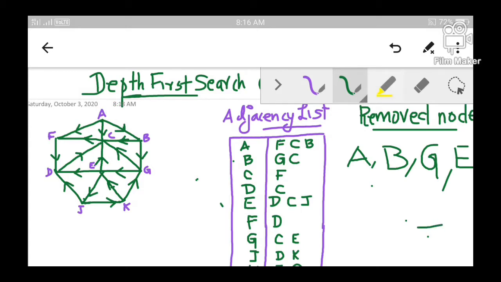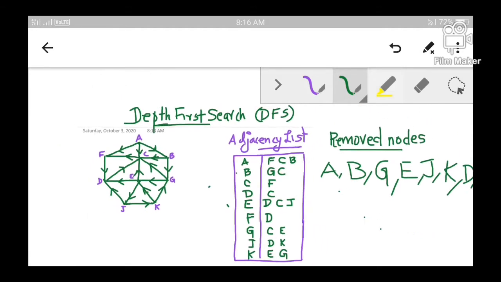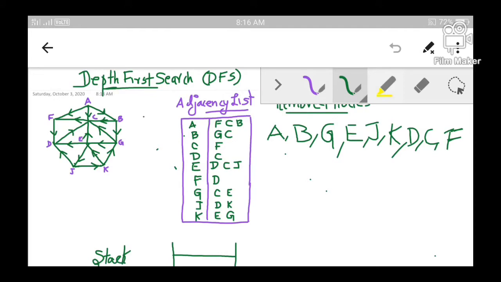Then you will go from A to B. Then from B you have to go to G. From G you will go to E. A, B, G and E. From E you will go to J. From J you will go to K. From K you will go to D. Then you will visit C. Then you will visit F. So this is the order in which the nodes of the graph will be visited in a DFS algorithm.